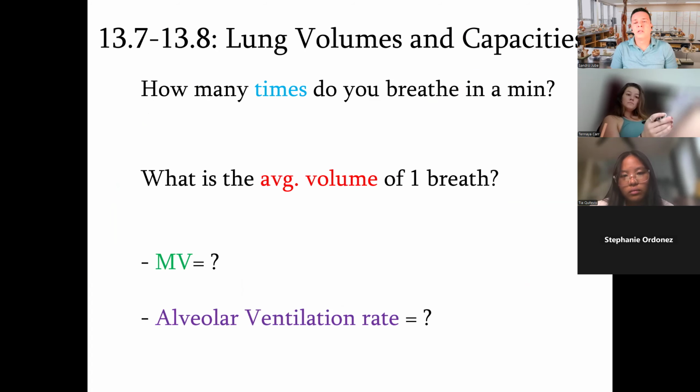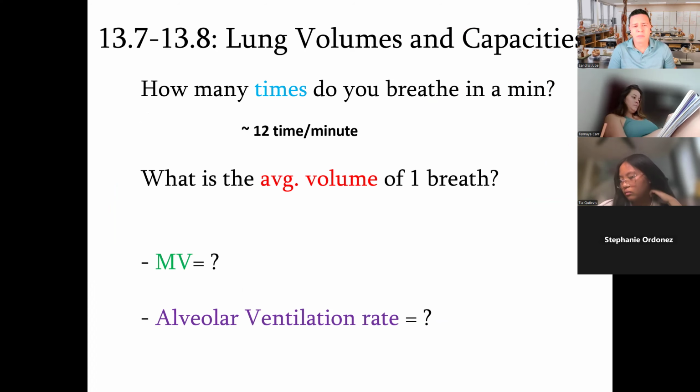So let's talk about lung volume and capacity. On average, folks, we breathe about 12 times a minute. Again, this varies from person to person depending on your level of activity, but on average about 12 times per minute. An average volume of a single breath, okay?